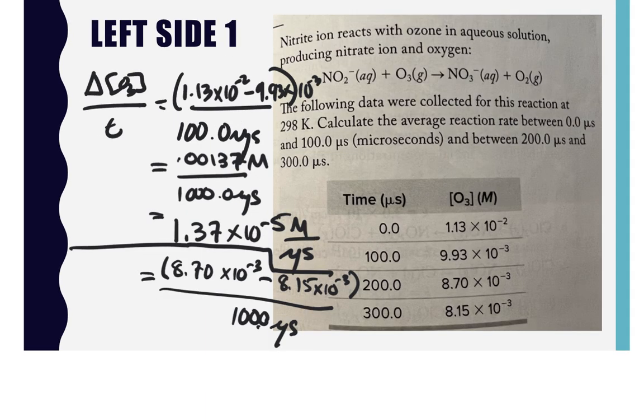Likewise for the other, I would go ahead and subtract those out and divide by 100 again. And if I do that calculation, I get 5.5 times 10 to the negative sixth molarity per microsecond.